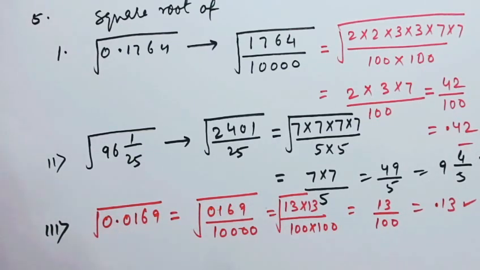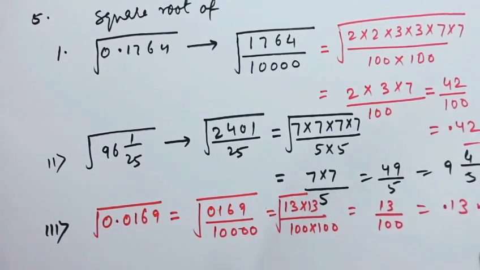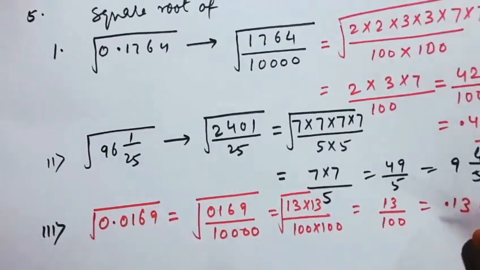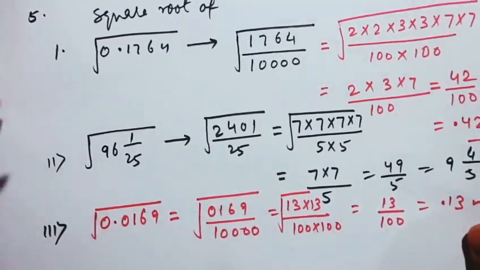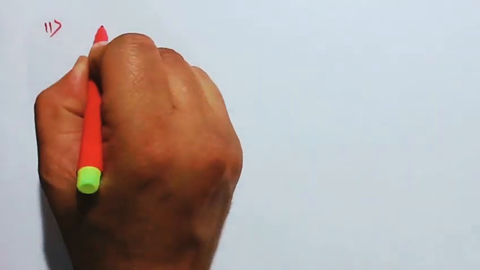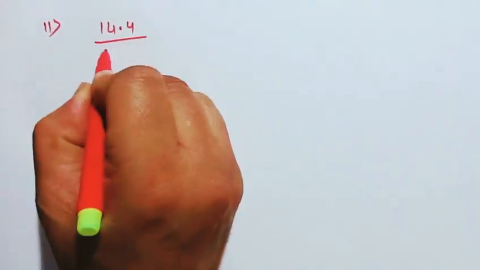Okay. Now come to the next one, and you will find it's also of the same type. Have a look. For example, here in number 2, what do you have? 14.4 by 22.5, square root.